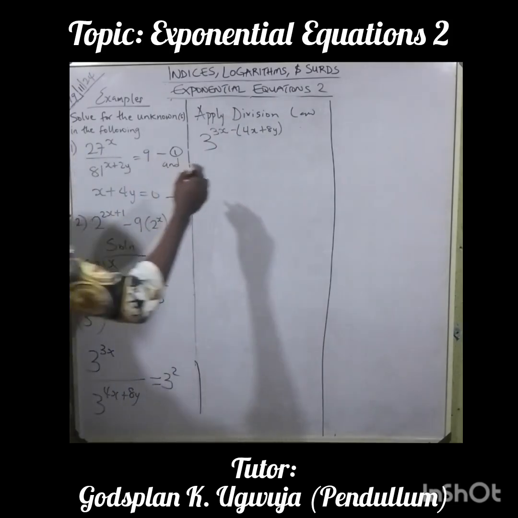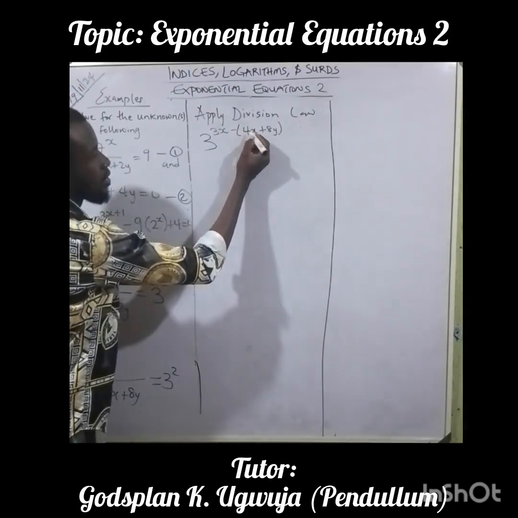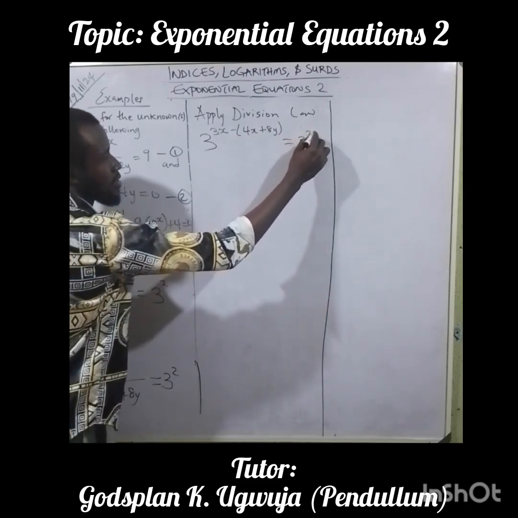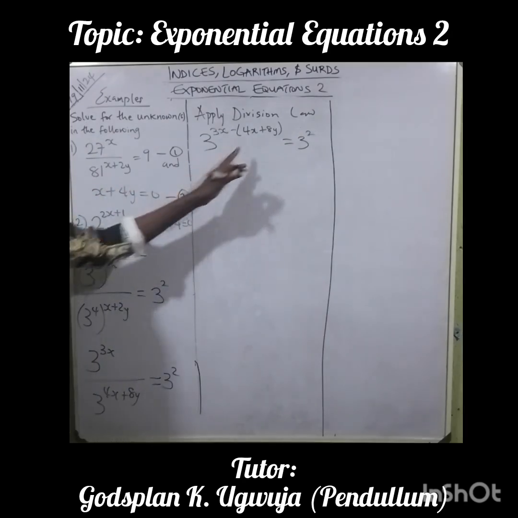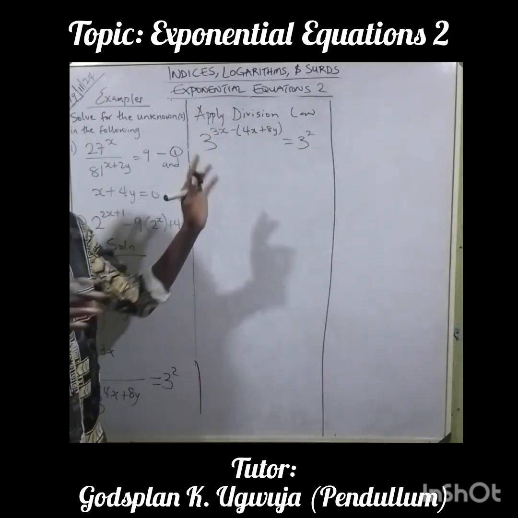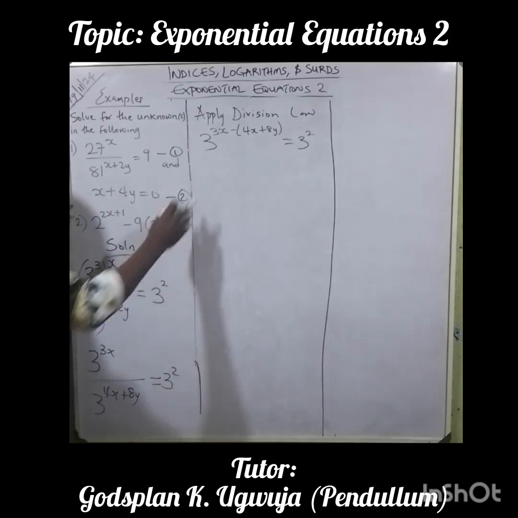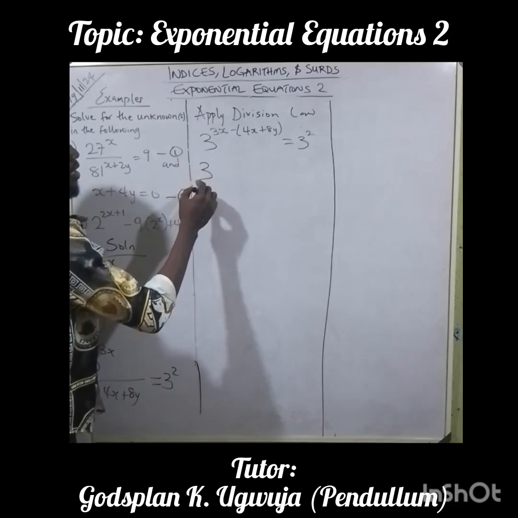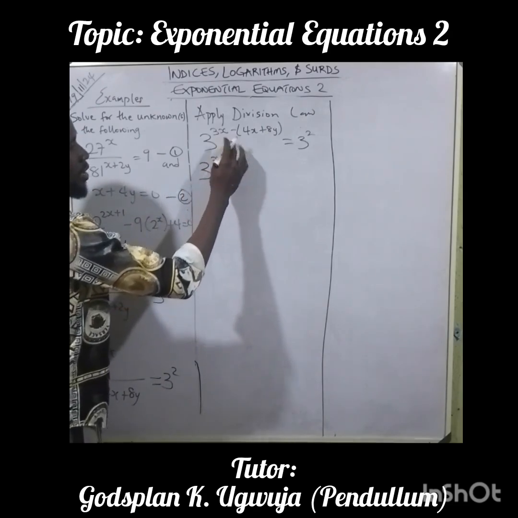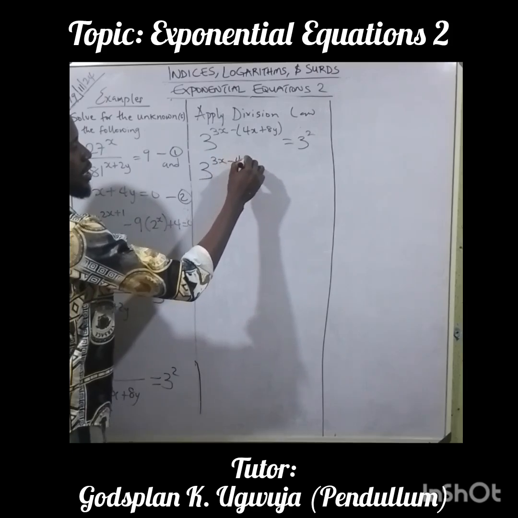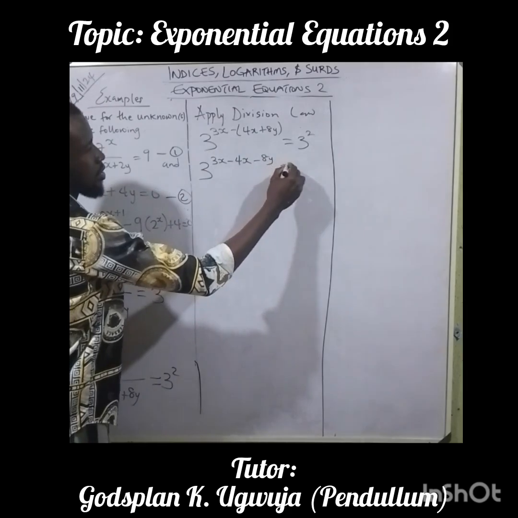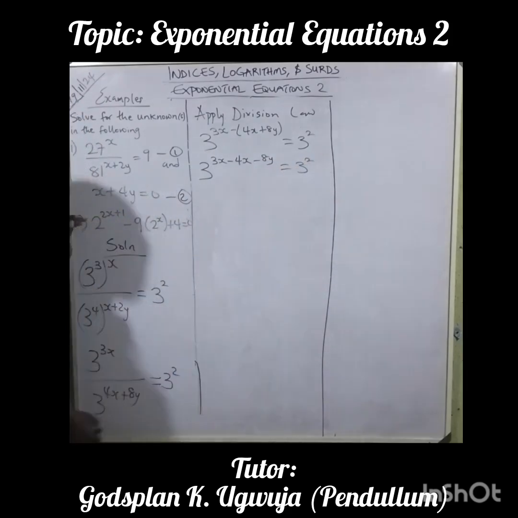I've always told you, when you are subtracting more than one term, always endeavor to put it in brackets. So when you have two terms like this, you are subtracting, put it in brackets so that the subtraction sign will affect everything in the bracket. Now if I go on to open up this bracket, this is minus 4x minus times plus minus 8y, 3 square.